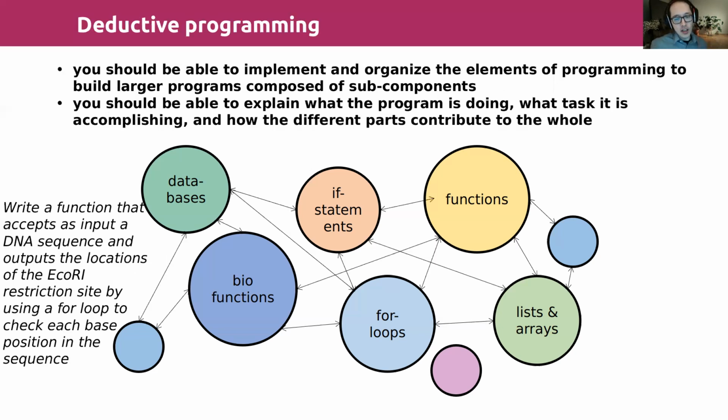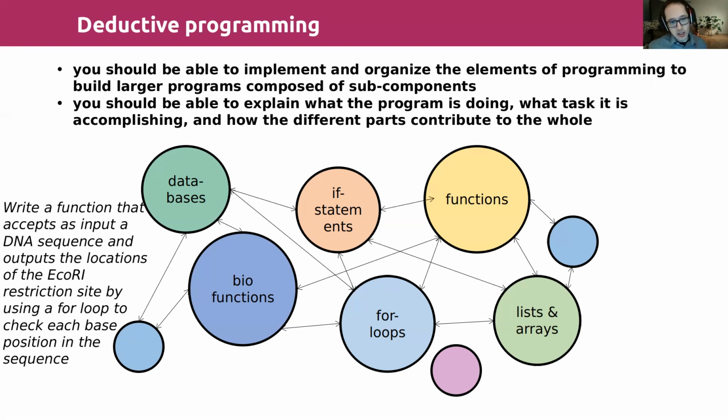Okay, and then there's kind of a second layer, which is knowing how to connect these things. So if these basic elements like if statements and functions and for loops are like the Lego bricks, then a second level of skill would be knowing how to put some of these things together to build really basic things.